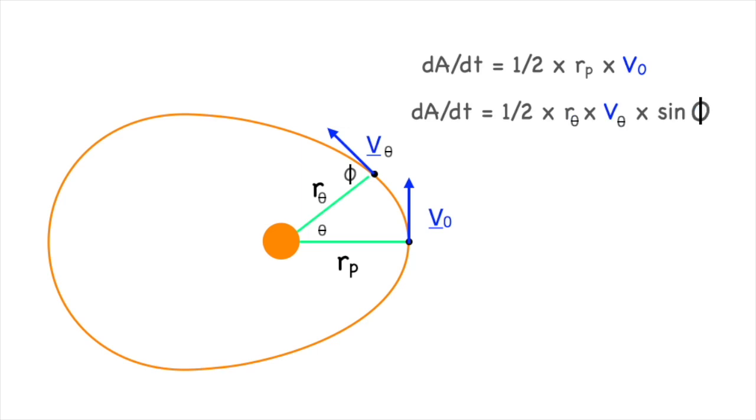We have already established that in general, dA dt equals 1/2 times r sub theta times v sub theta times sine phi. Therefore, r sub theta times v sub theta times sine phi equals r sub p times V0.